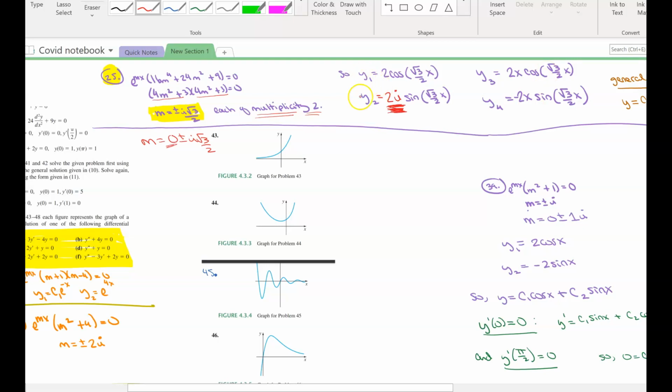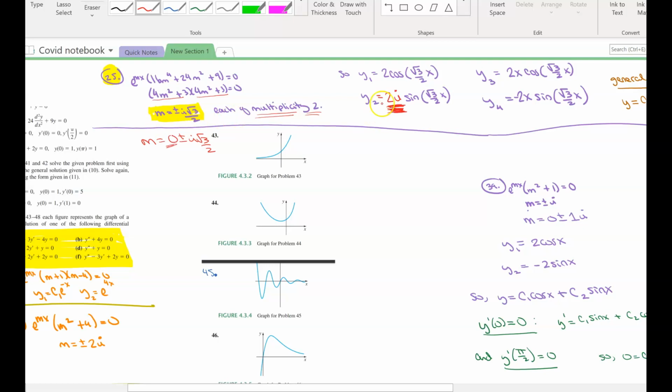Okay, so these are my 2 particular solutions that I know have to exist. But each of these solutions is a result of a value of m for which there's a multiplicity of 2. What does that mean?